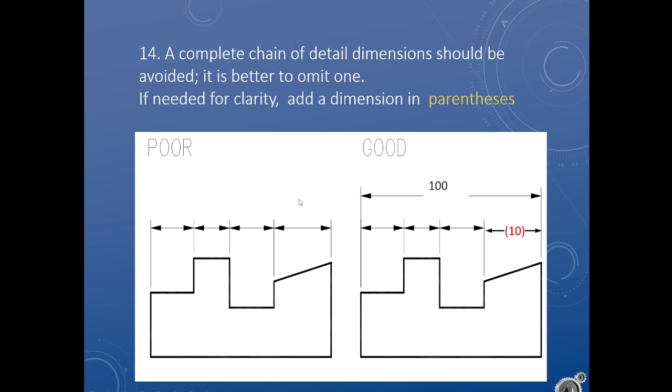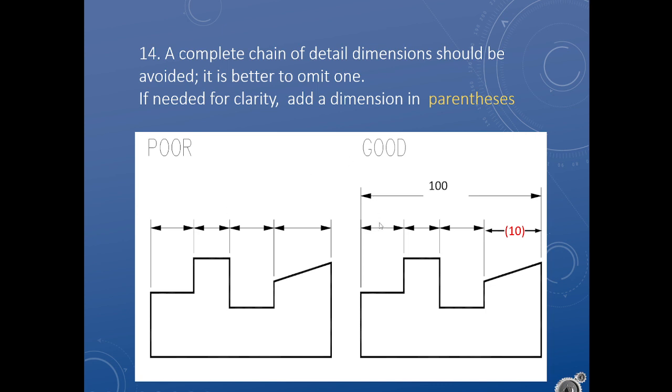So again, if we want both of these, we could put one of these chains of dimensions in parentheses. I would put the least important of these in parentheses. So if two of these, say these two extended bits, are mating components, and they have to have a very specific size, but this little divot in the middle or this little bit off the end doesn't matter so much, it can just be whatever's left over after we get the things that matter correct.